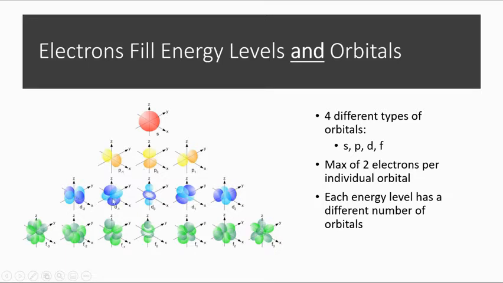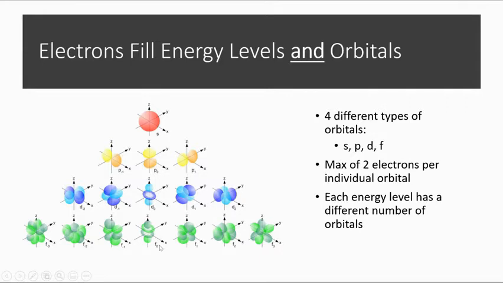And then we have D. You start to get these funky shapes, but D has 1, 2, 3, 4, 5 different orbitals. So you have a maximum of 10 electrons that can fill the D sublevel. And then you have F, which has 7 across. So you can have a maximum of 14 electrons total in that entire F sublevel.